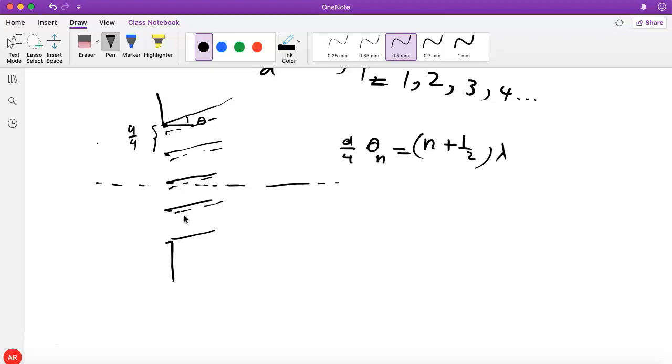So we come up with this different pairing, and all the pairs again interfere destructively.